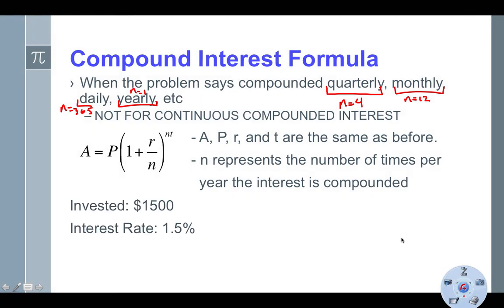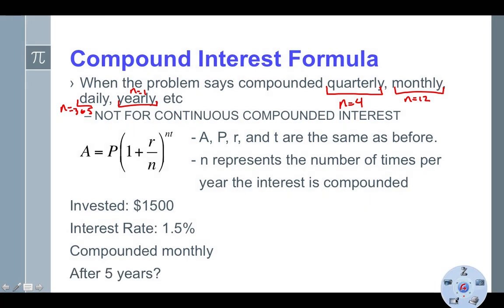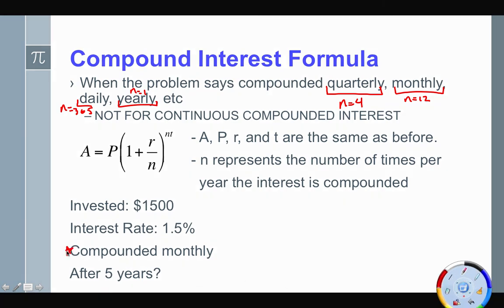So, given a very simple problem, if I said you invested $1,500 at an interest rate of 1.5%, compounded monthly, how much money would you have in your account after 5 years? So the same kind of idea as we had on the last problem, only in this case it says compounded monthly. So this is important. It doesn't say compounded continuously.